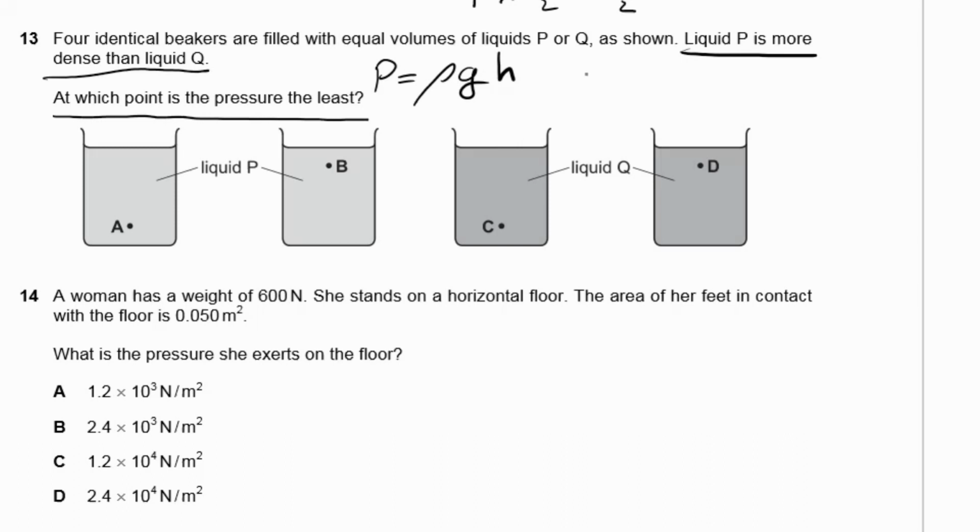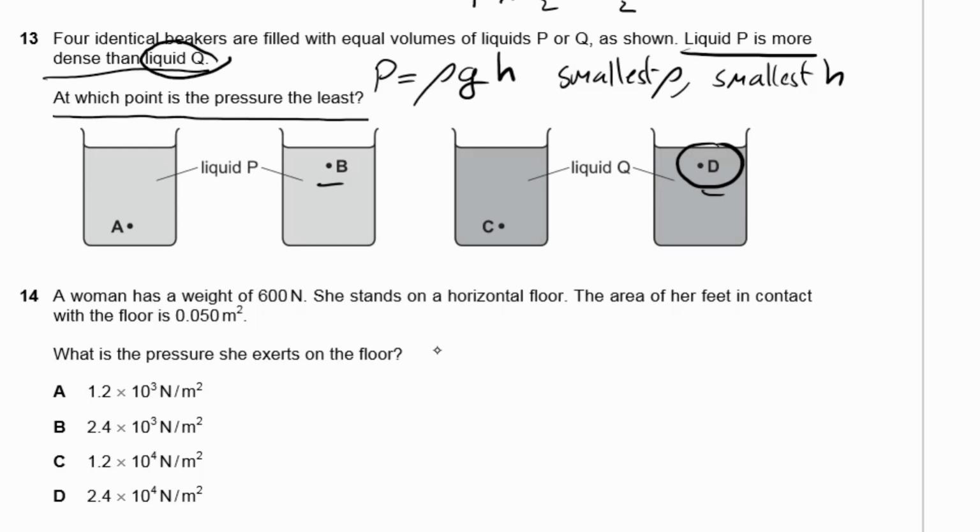So what we want is the smallest density and the smallest height from the top. Okay, so it's either going to be B or it's going to be D. Which one has the smallest density? Let's see. P or Q is shown. Liquid P is more dense than liquid Q. So I want liquid Q, which is then D. There we are.